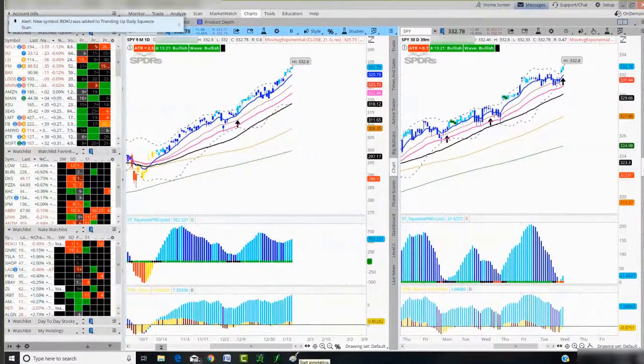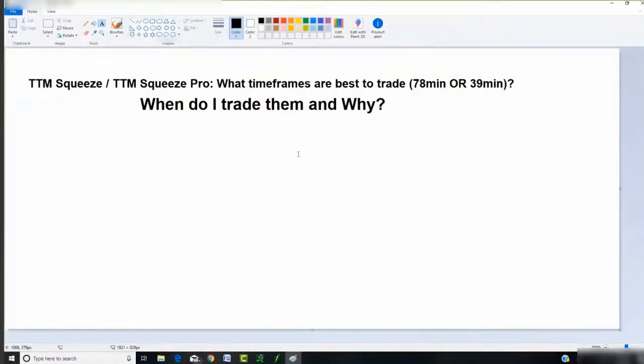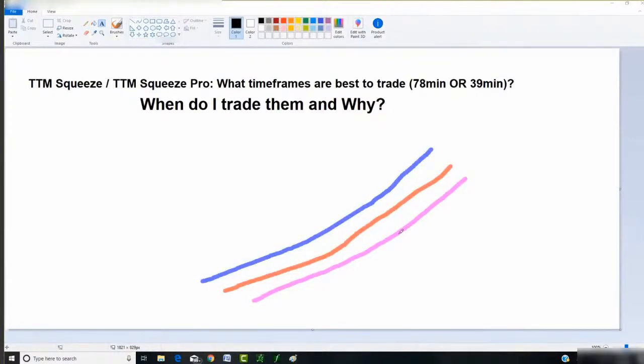Now this is going to tie me into when do I trade the 78-minute chart versus the 39-minute chart. So now let's go back to that diagram, and I'm still getting used to working with Paint. So let's do this. Based on my discussion from previous videos, the 8 and the 34 are an easy way for me to have a bias on which direction I trade.